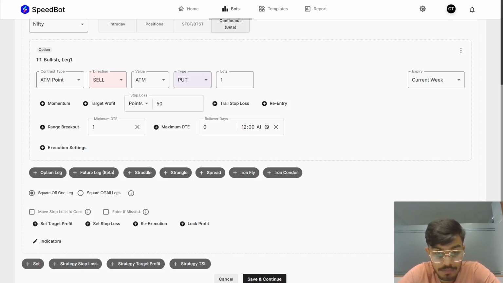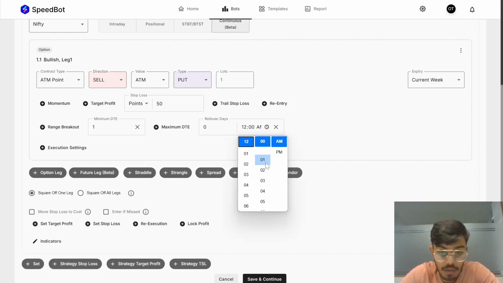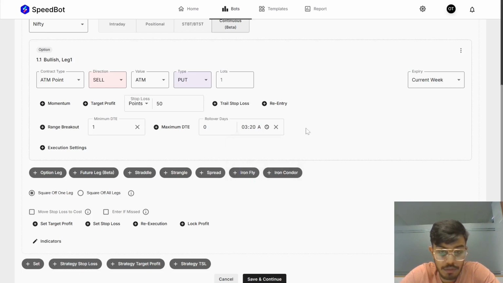What does this mean? Let's say on the expiry day, you'd like to roll over your contract, that is, you are sitting in a pretty good position. You have shorted the current week ATM put, but you need to continuously sit for the position.